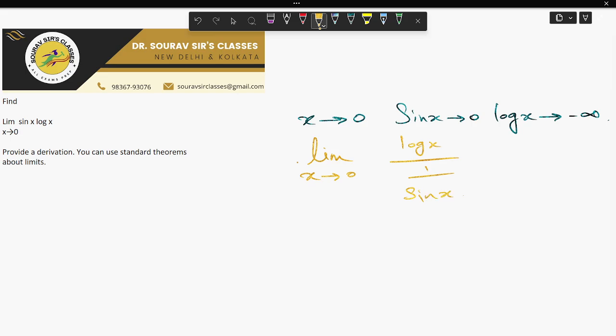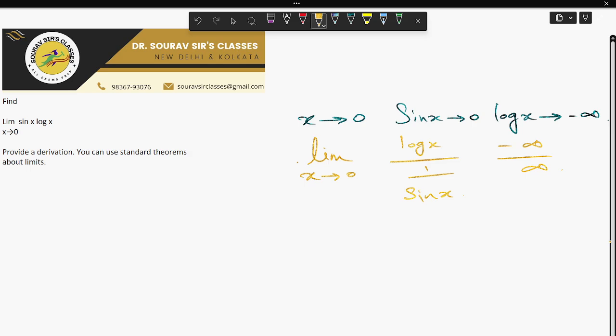So now at x equals 0, this is in minus infinity by infinity form. Since the limit is of minus infinity by infinity form, we can apply the L'Hospital rule. So we can differentiate the numerator and the denominator with respect to x.